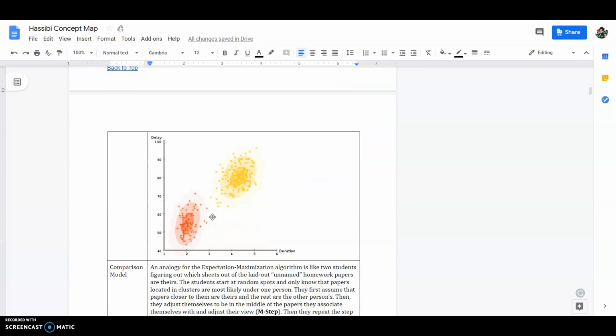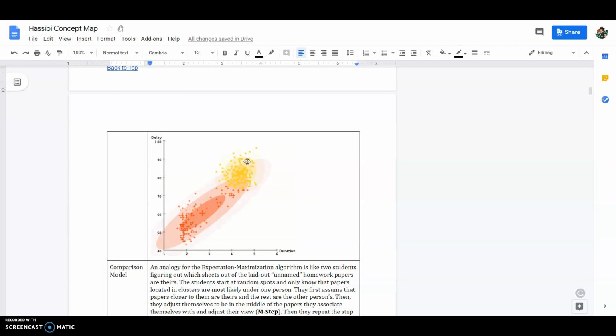And so here's a little visual process of showing how the EM algorithm works. You can see that these two clusters, for a split second, were these two random locations with very large, very wide standard deviation values. After one iteration, it is quickly adjusted to this area and this area as well. And the red Gaussian realizes that these points in the middle right here are probably not its own.